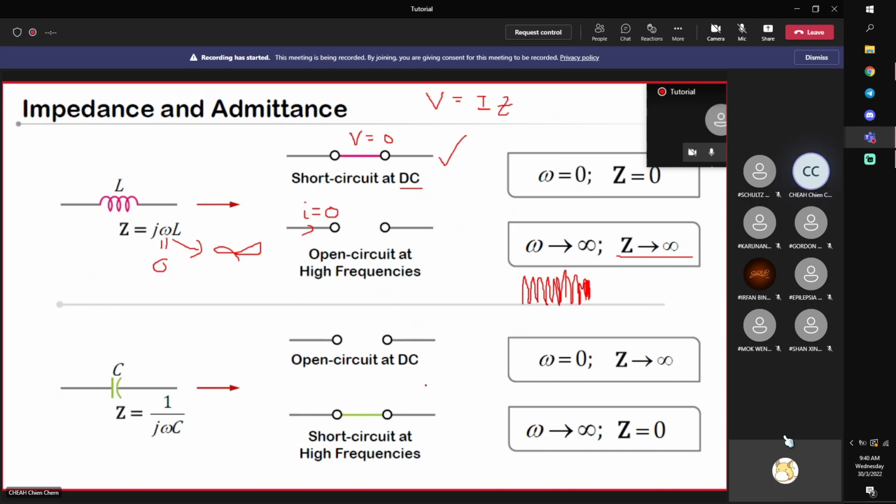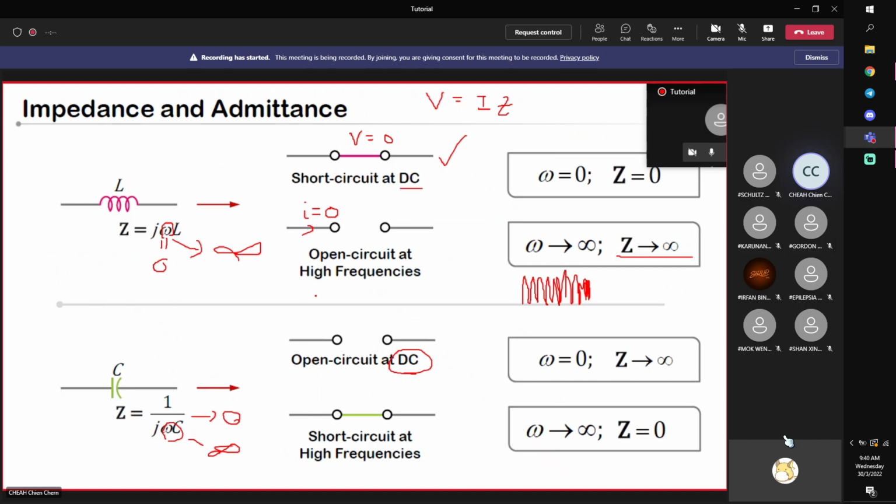Okay, and for the capacitor, it is the other way around, because this is omega directly, and this is 1 over omega, so it's the reverse. If omega is equal to 0, then you have an open circuit, which is consistent with what we have learned in DC analysis, right? For omega equal to infinity, 1 over infinity is 0, which means that we have a short circuit, right?